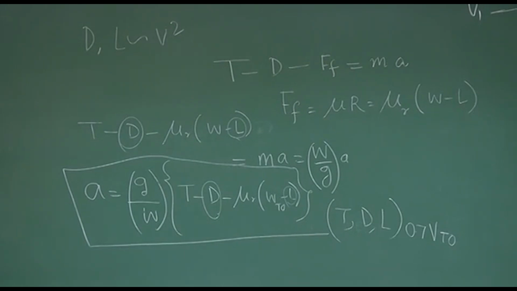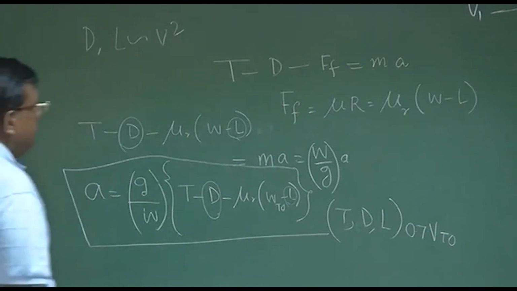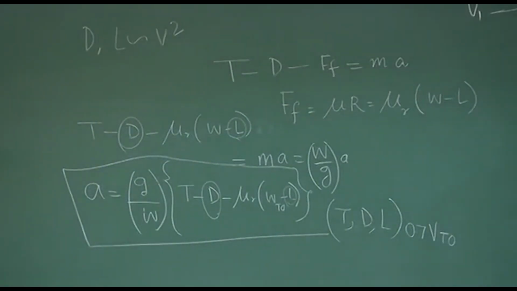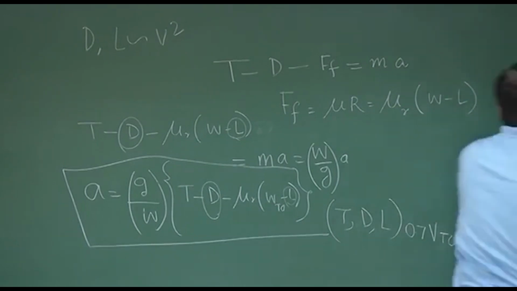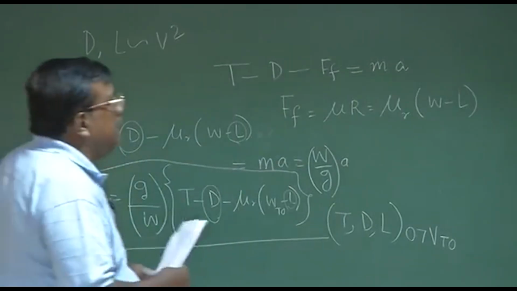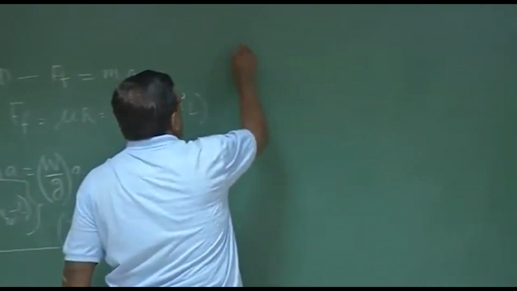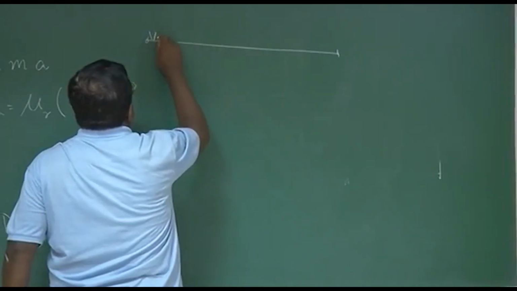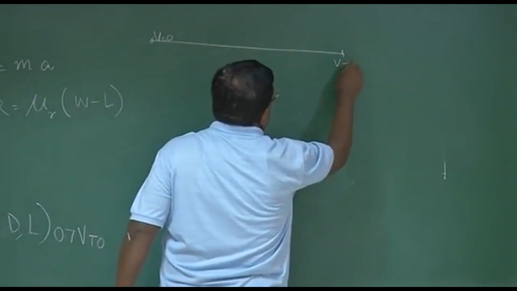So what is learned? Very simple: though this acceleration is changing, if I calculate this lift and drag at 0.7 V takeoff, I can assume this is the average acceleration and good enough to calculate this, from V equal to 0 to V equal to V takeoff.